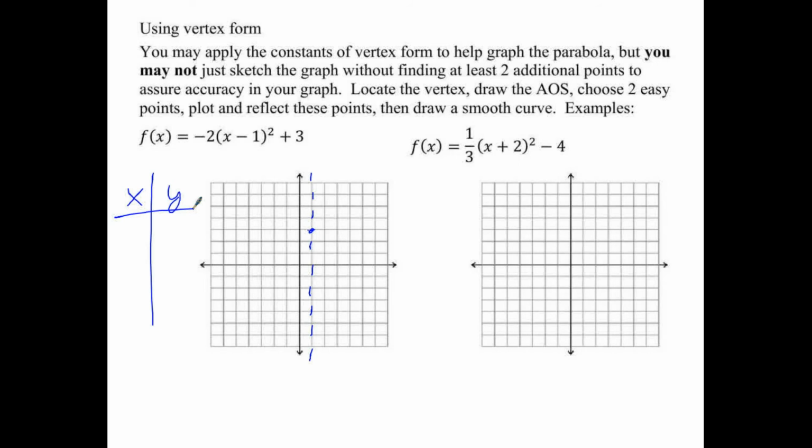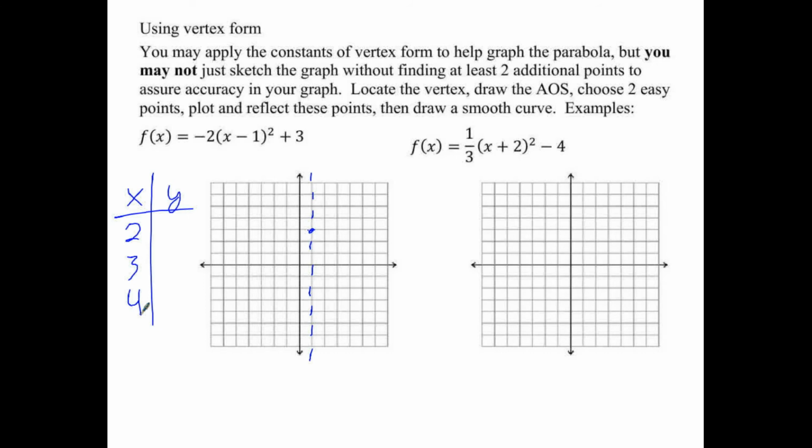So a 2-column table here is fine. Now what? Pick your numbers. Which numbers do you want to use? 2, 3, and you said this thing opens down, so because we moved the vertex up some, I might need 3 points. So 2, 3, 4.